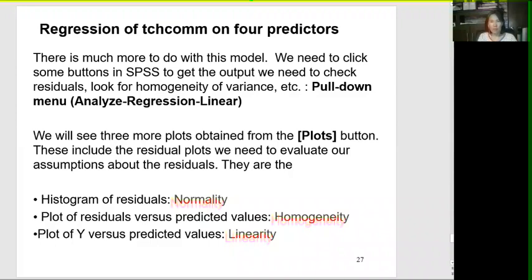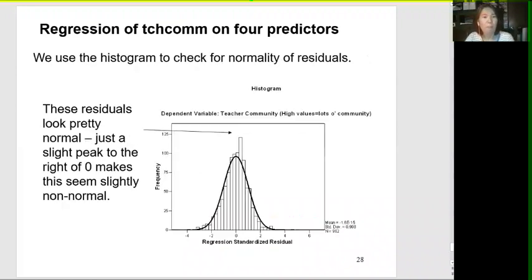They are histogram for normality, residual assumption, homogeneity, and y versus predicted values, linearity, so y and y hat, linearity, regression of teacher community on 4 predictors.